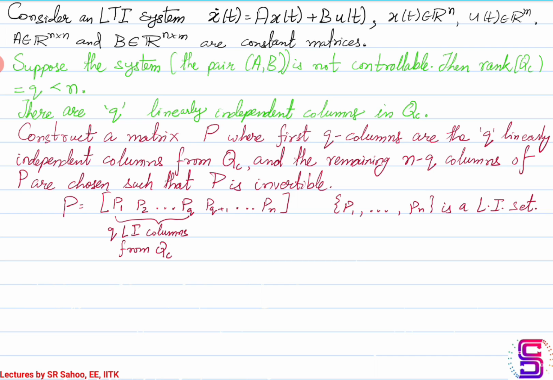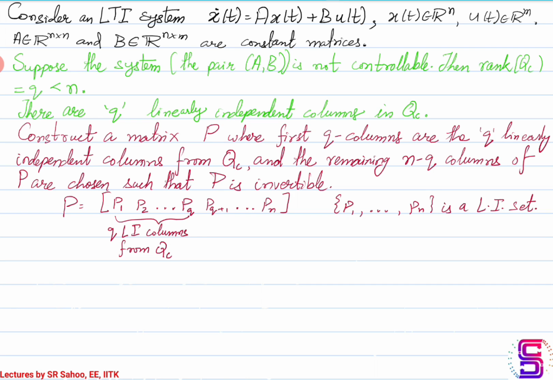Now we remain with n minus q columns to be filled up for the matrix P. These n minus q columns are your choice, but you have to ensure that when you fill them with the vectors pq plus 1 till pn, the entire matrix P is invertible, which means all the n columns in the P matrix have to be linearly independent.